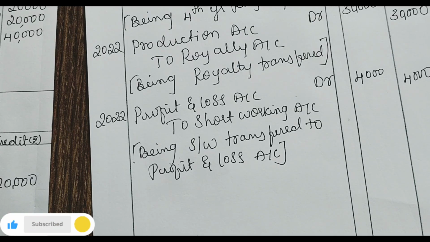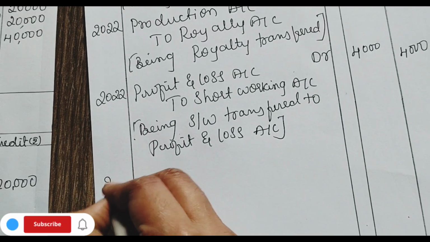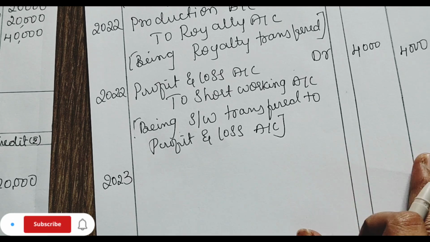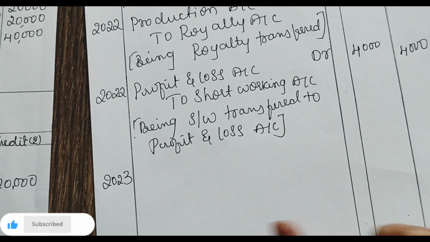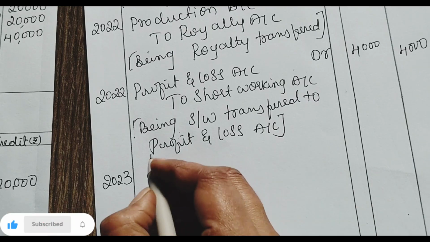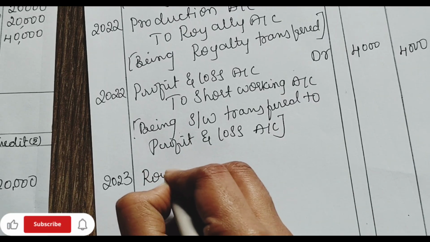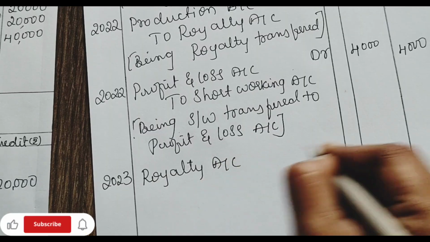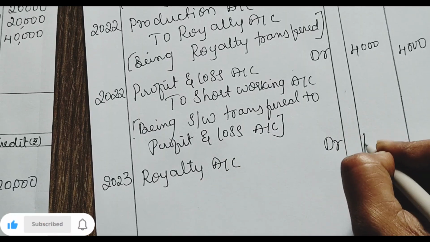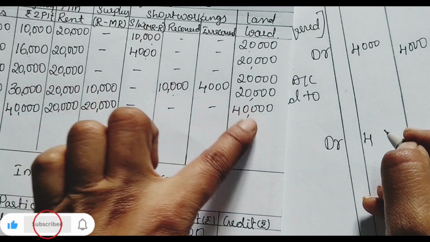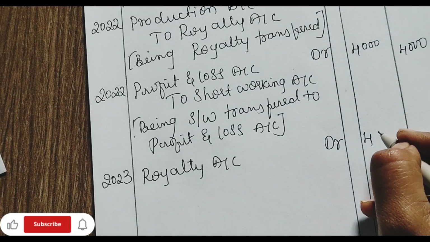Now, for the last year, that is the fifth year, 2023, there is no short working, no recovery, no unrecovered. Only three entries you are passing. First entry for the due entry, royalty account debtor. What is there in the royalty column? 40,000, and landlord column also 40,000.